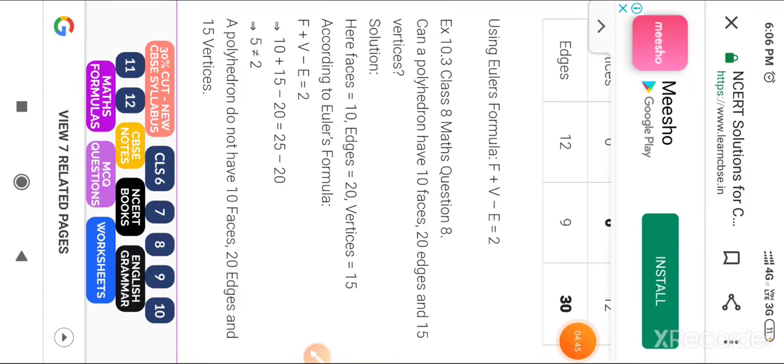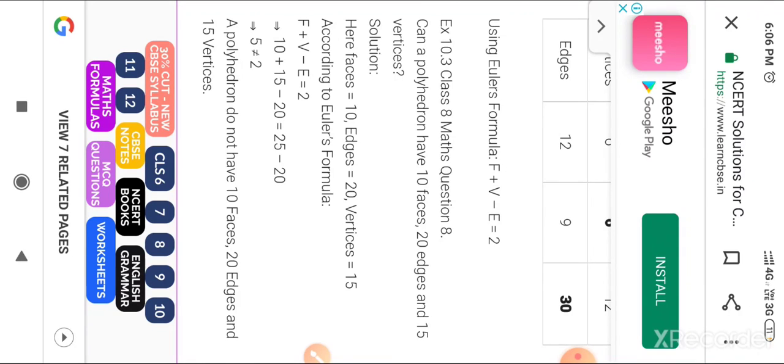Next question is, can a polyhedron have 10 faces, 20 edges and 15 vertices? So given faces are 10, edges are 20 and vertices are 15. So can it make a polyhedron or not? To find this, we have to verify Euler's formula.